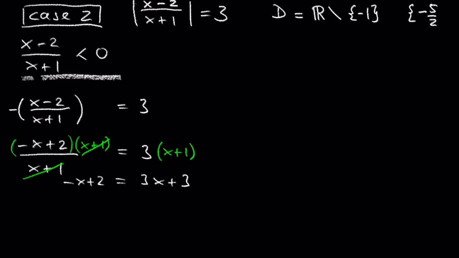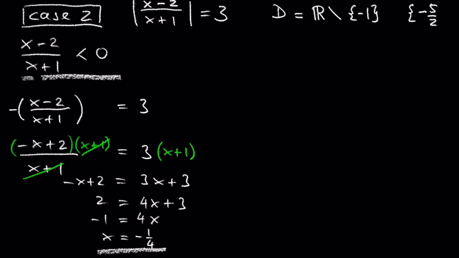Adding x on both sides gives us 2 is equal to 4x plus 3. Subtract 3 on both sides and we get negative 1 is equal to 4x. Divide by 4 and we get x is equal to negative 1/4.